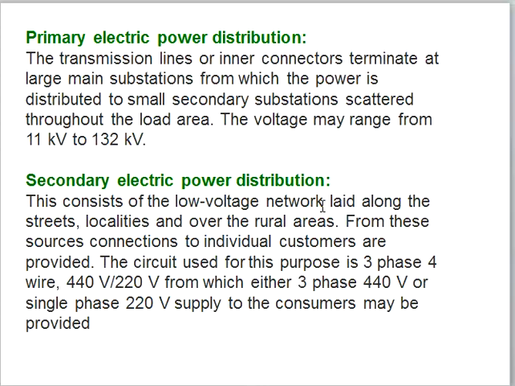The secondary one consists of a low voltage network that lies along the streets or rural areas. From these sources, connections to individual customers are provided.